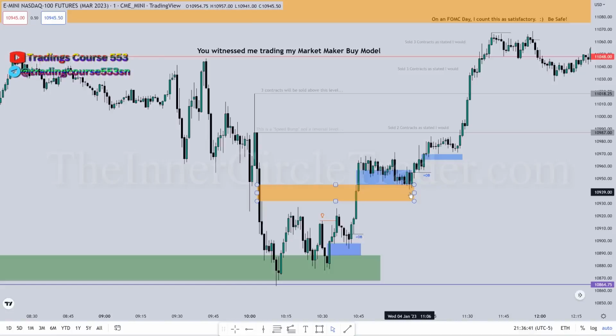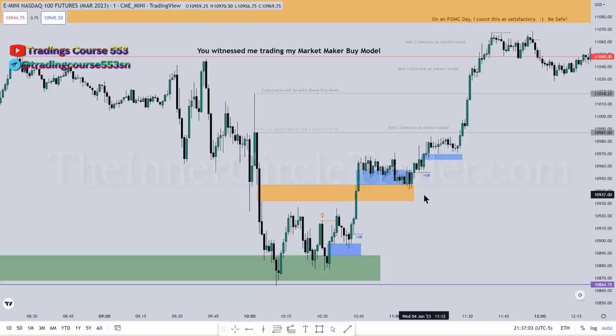I'll mention it in passing when we're watching real-time data in the live sessions throughout this year. Just know that it is a partial entry into a fair value gap that will not even go halfway. It's just a small little entry into it and then picks up orders and runs. That's basically all it is. So it's an entry into a fair value gap, but not even the halfway movement of it.